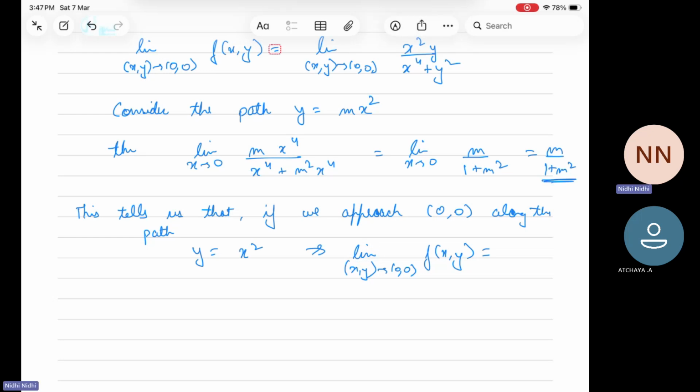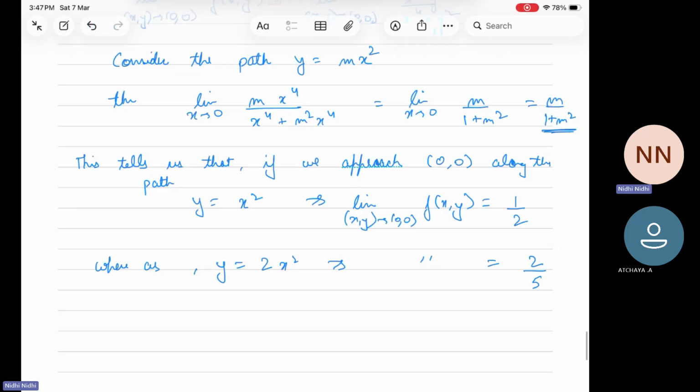Taking m equals to 1 here, this gives us 1 by 2. Whereas, if I approach via y equals to 2x square, in this case, this limit is equal to 2 upon 1 plus 4, 2 by 5.